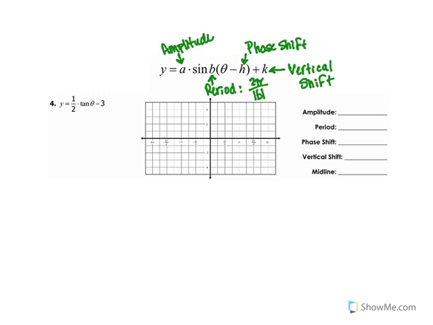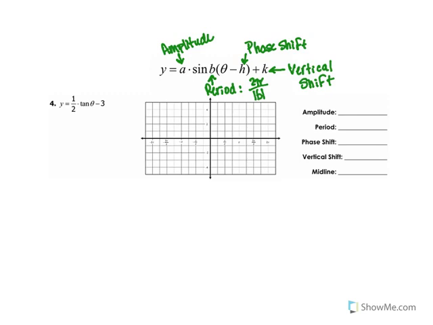Graphing sine, cosine, tangent, secant, cosecant, and cotangent has an order of operations, but it's a little different than what you would think. Usually you'd think you'll do what's inside the parentheses first, and it's really the opposite of that when you do these. Remember how we taught amplitude and period first? We're just now getting to vertical shift and phase shift. And that's how it's going to be with this as well.